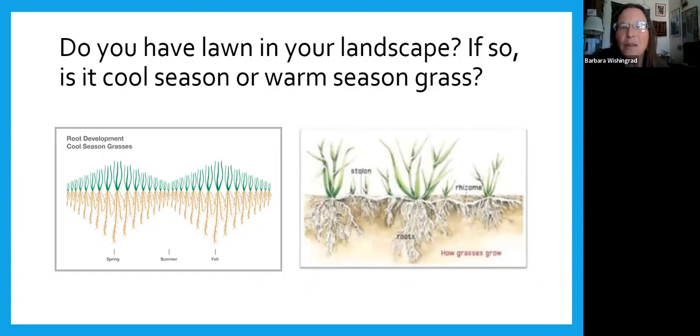Also, a lot of people think that their grass might be dead because it's brown, but especially with the warm season grass, you can see on that side how deep those roots are. And they spread across the landscape underneath. So it can often look dead, but not really be dead at all and be able to come back pretty easily. Next.